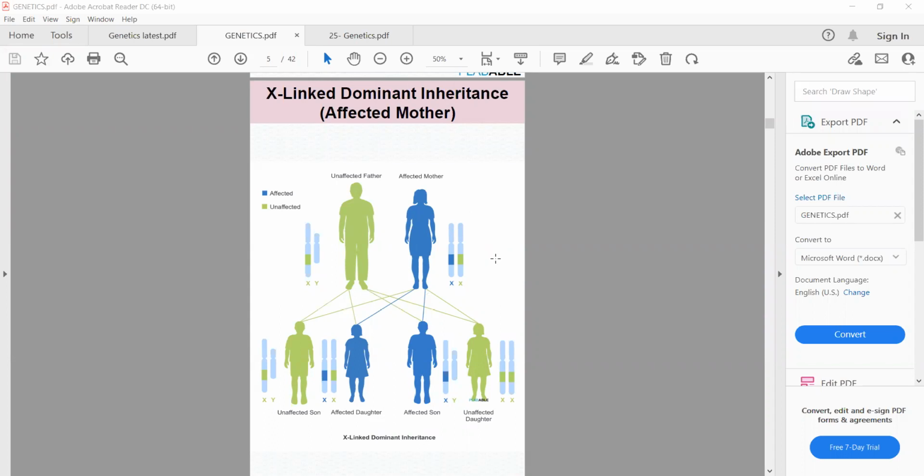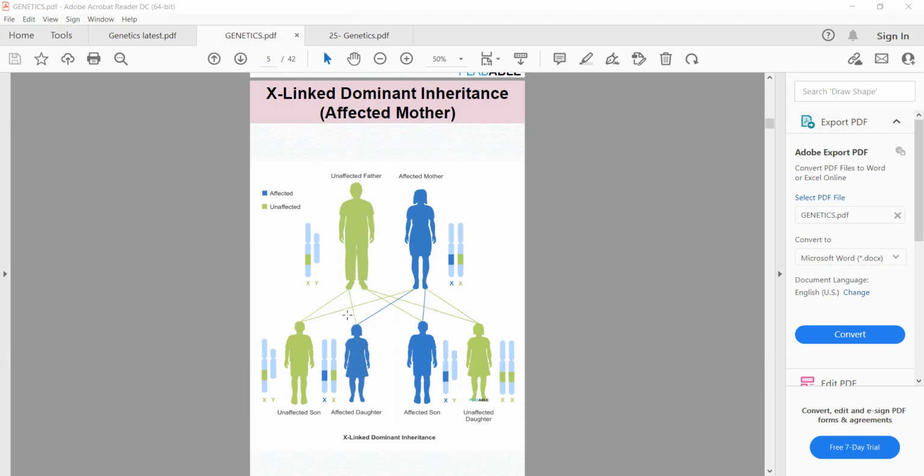So out of two sons, one will be affected and one will be normal. Now let's talk about the girls or the daughters. Again, this mother can pass either this abnormal X chromosome to her daughter, or this normal X chromosome to her daughter. So again, out of two daughters, only one will be affected.